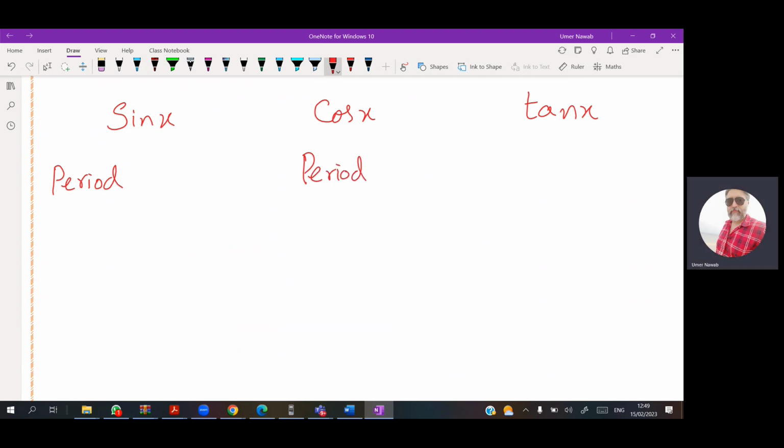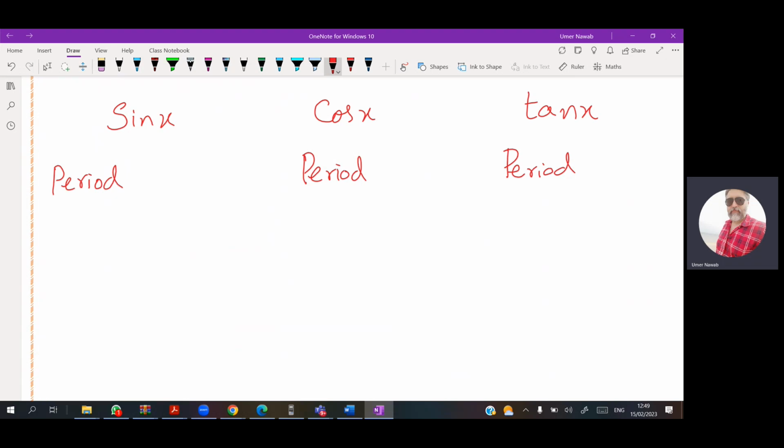So we studied the period of the sine graph, cosine, and tan graphs. What were the periods? Because sine, cosine, and tan are cyclic functions. They repeat themselves. The behavior of a function repeats after some values of x.